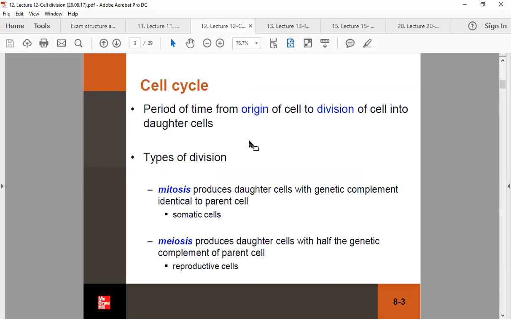And what else? One more. So just going back to what I said earlier, what about the number of cells that are produced?